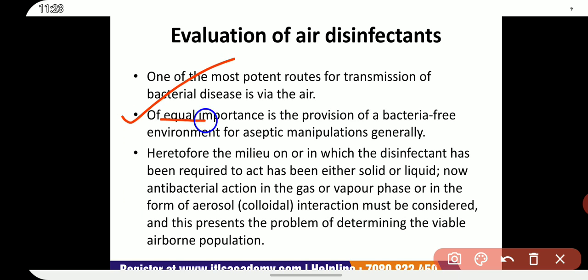Of equal importance is the provision of a bacteria free environment for aseptic manipulations generally.